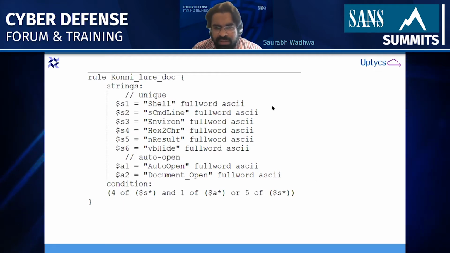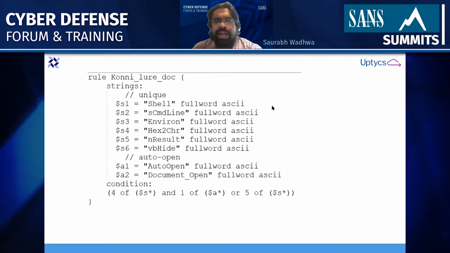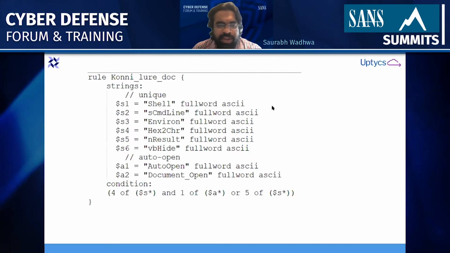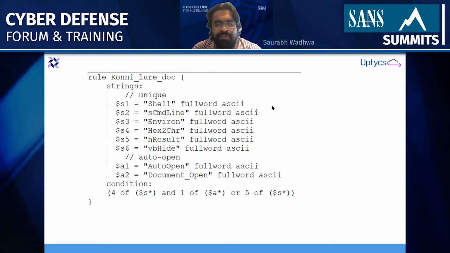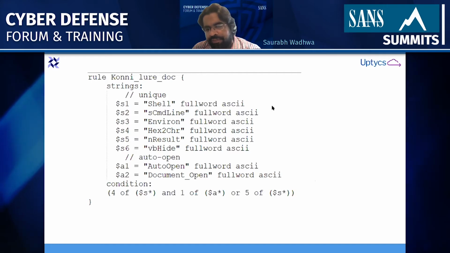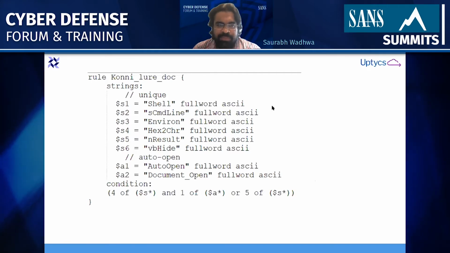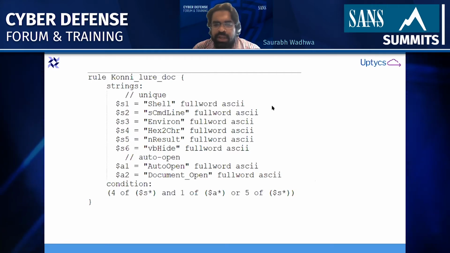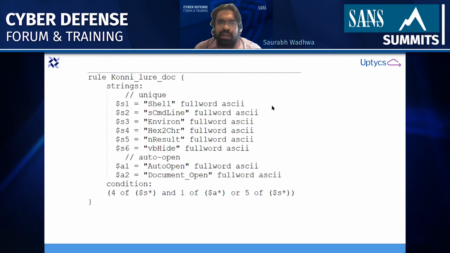There are 8 strings defined, S1 to S6 and A1 and A2. The condition is if any 4 of the S strings from 1 to 6 and one of the strings from A is present, or there are 5 strings from the S strings, 1 to 6. If any one of these conditions matches, then we know that it is actually a malware.